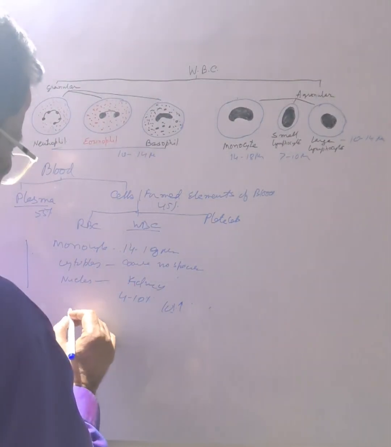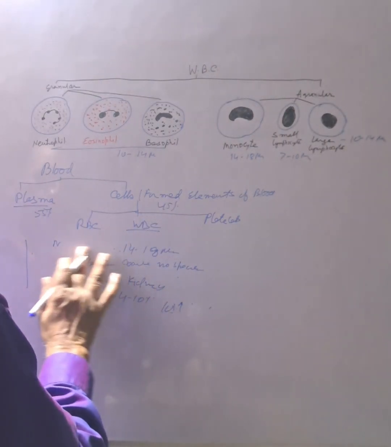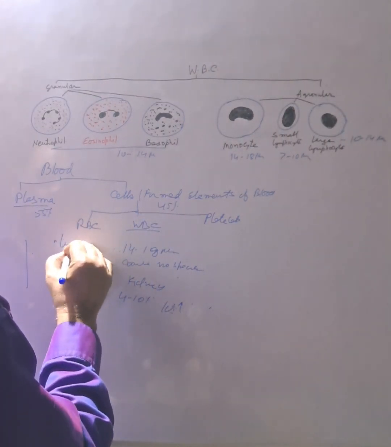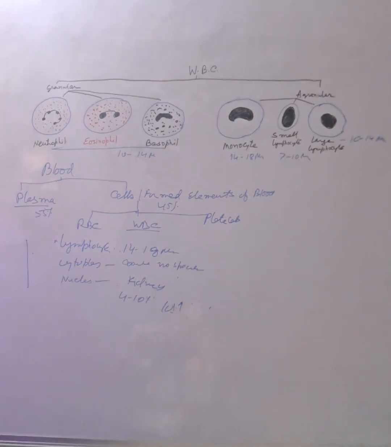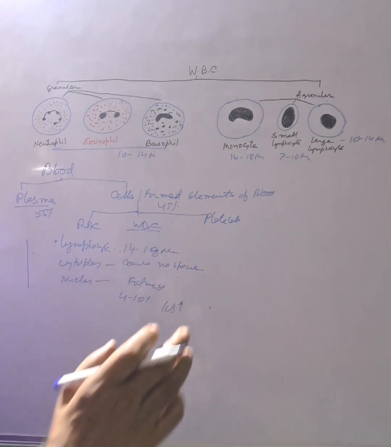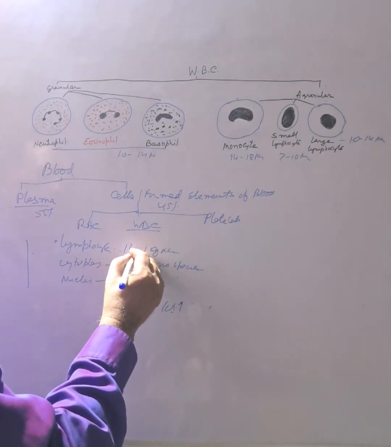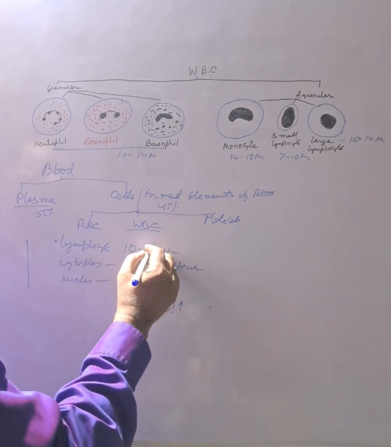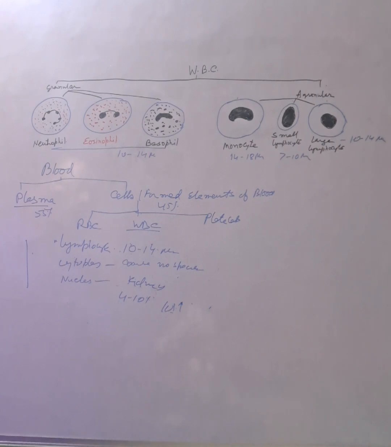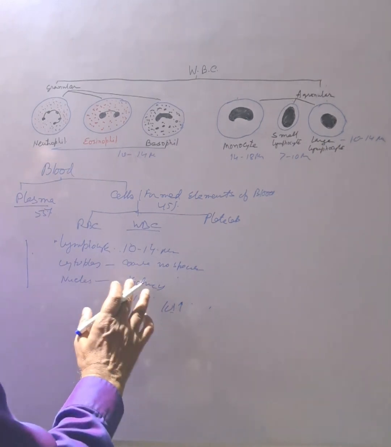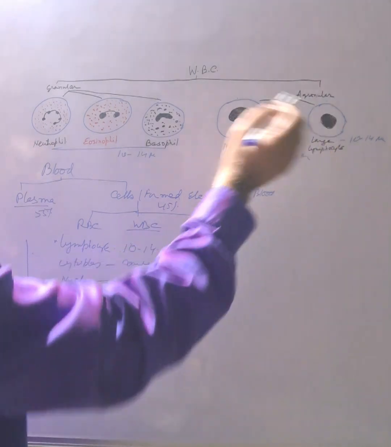Lymphocytes: again, size is variable. A small lymphocyte is 7 to 10 micron and a large lymphocyte is 10 to 14 micron. The cytoplasm contains no special granules, and the nucleus is large and round.